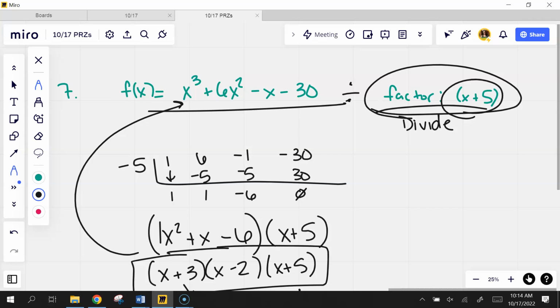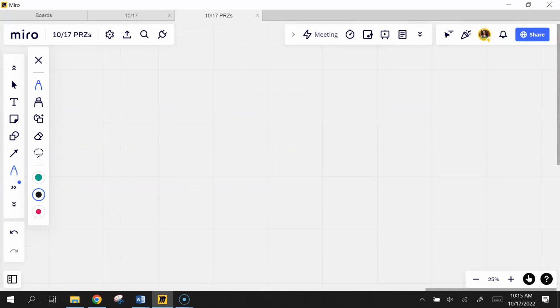Let's skip over to number 11. Same scenario. Oh, let's do 10, not 11.